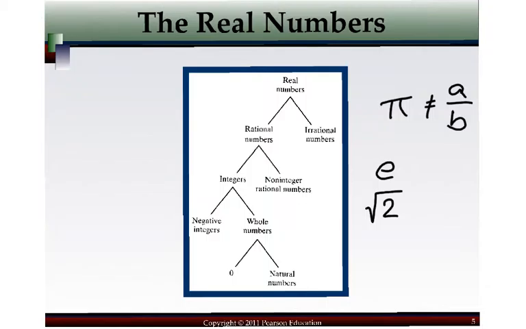All of those numbers you can take the square root of, so those become part of the set of rational numbers. But also square root of 2, just telling you, that is irrational. And then off of rational numbers, we have integers and non-integer rational numbers. And then integers split up into negative integers and whole numbers. Remember, whole numbers include 0, and natural numbers do not.